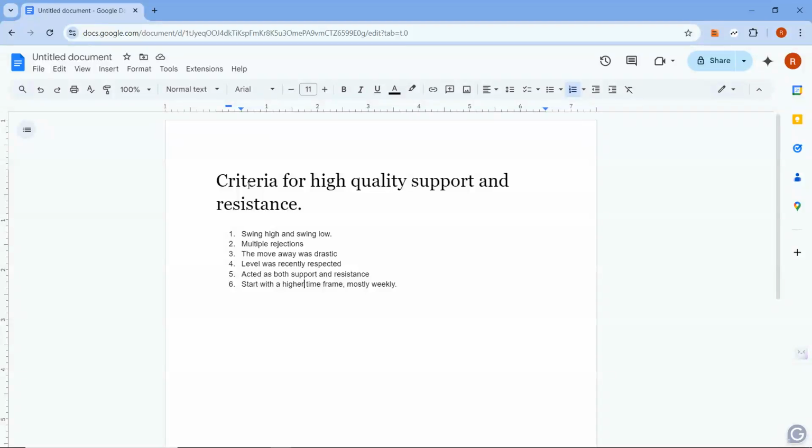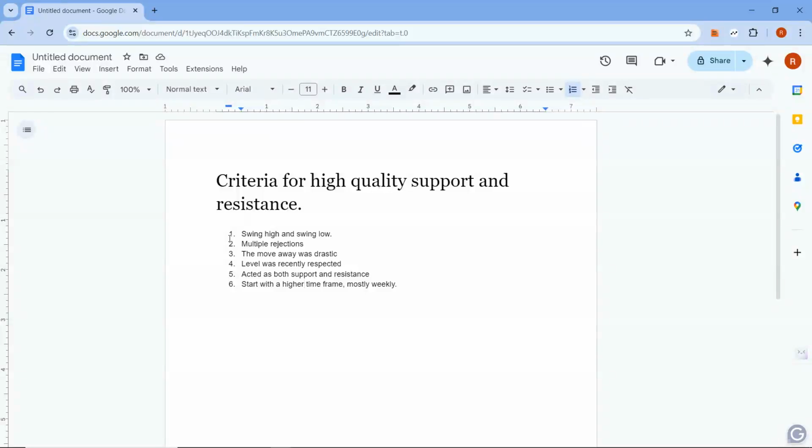The issue is not just getting the support and resistance. The issue is making sure they are high quality. That is what we are all about, the quality of what we are doing. Okay, so now these are the criteria.